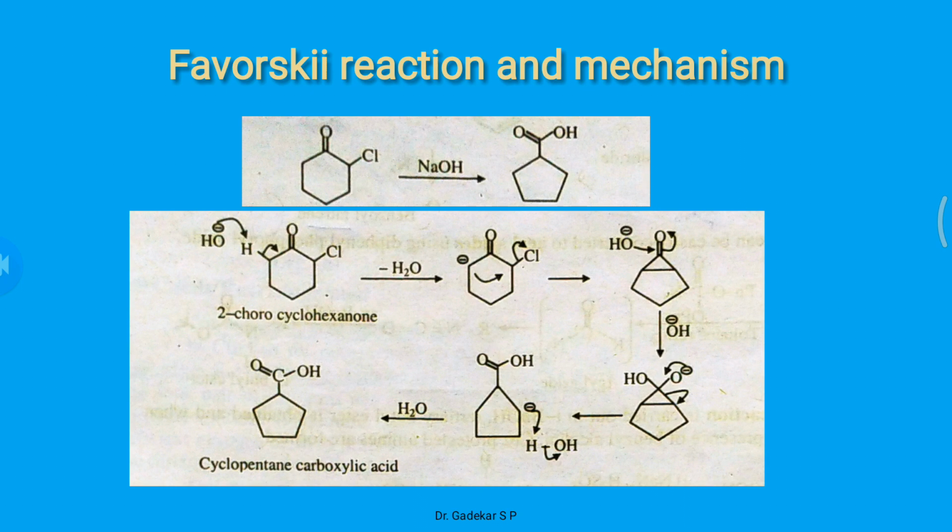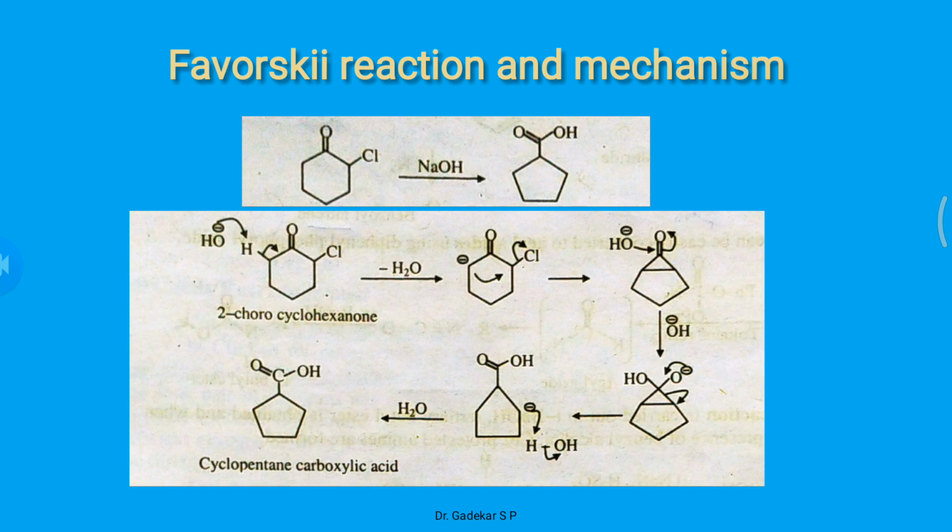Suppose in this reaction, 2-chlorocyclohexanone reacts with base. Here the alpha hydrogen is more acidic, so base abstracts a proton from this, and then the nucleophile substitutes the chlorine to form a 3-membered cyclic compound.